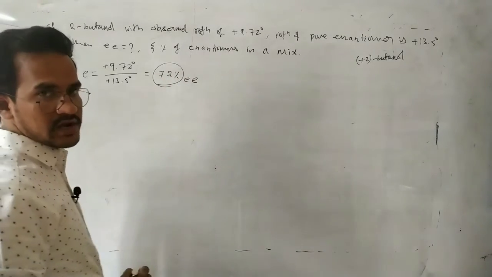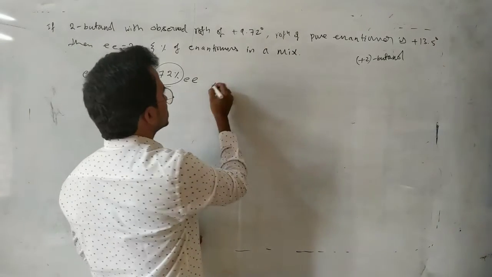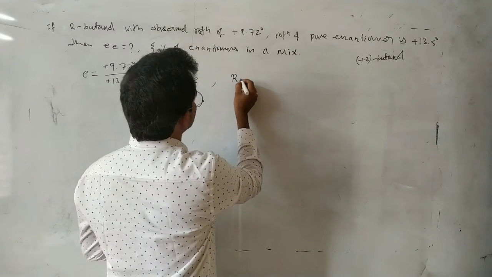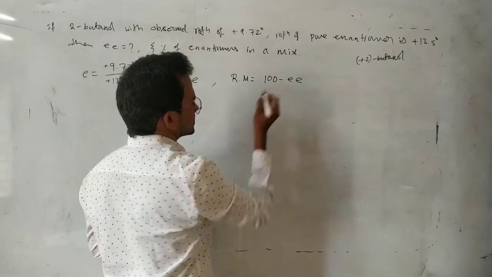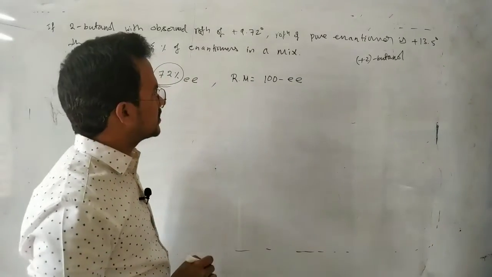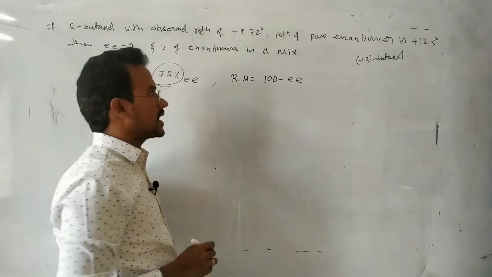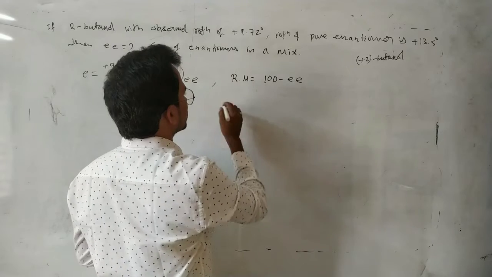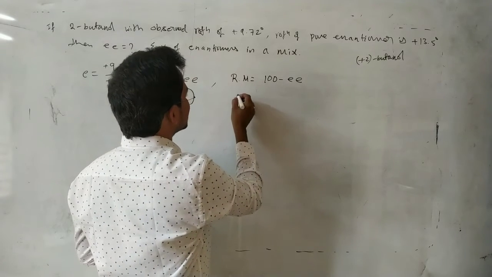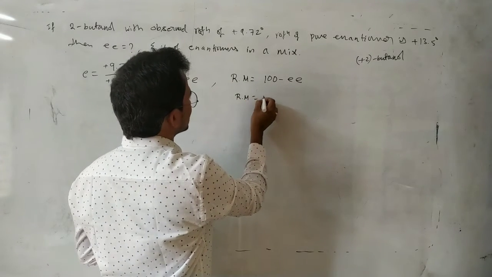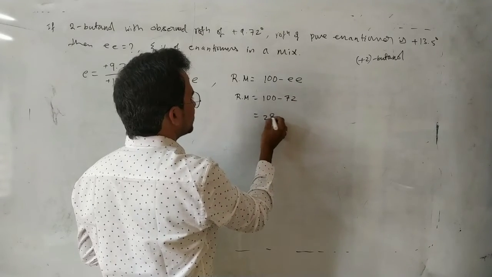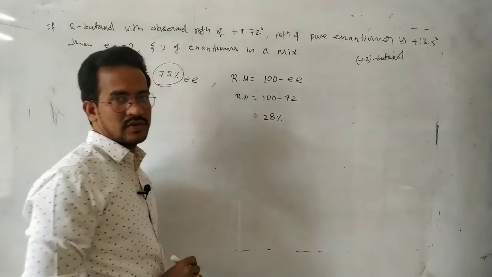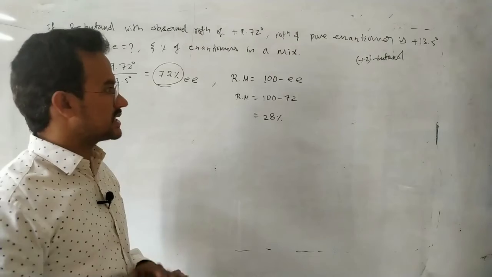Now racemic mixture equals 100 minus enantiomeric excess. So racemic mixture equals 100 minus 72, which equals 28%. Only 28% is racemic mixture.